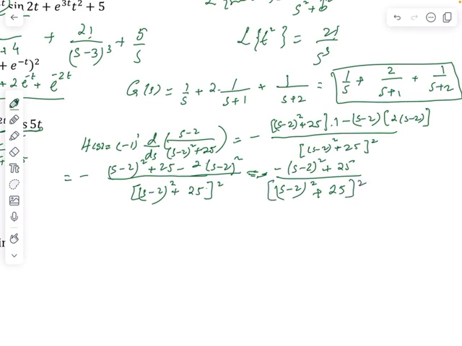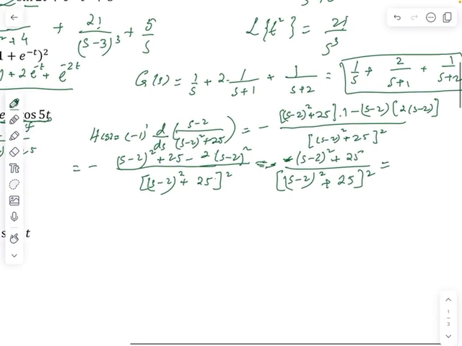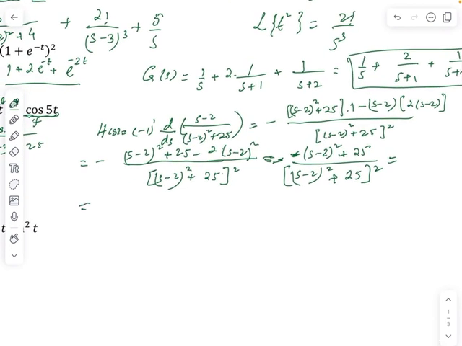Now will these two cancel? This quantity with this quantity, can we cancel them? Well, actually not. Why? Because remember there is a negative sign in front here. So this quantity on the top is actually 25 minus (s minus 2) whole squared. So we cannot do the cancellation here. So what we can do is pull out the negative sign as a factor on the top. So we have a negative sign from the formula.